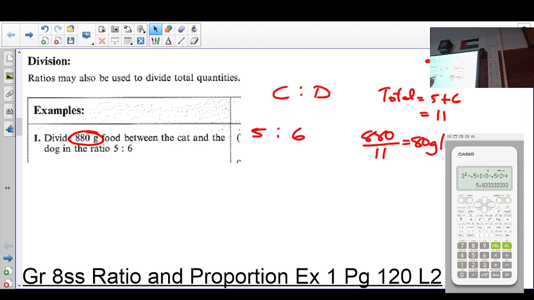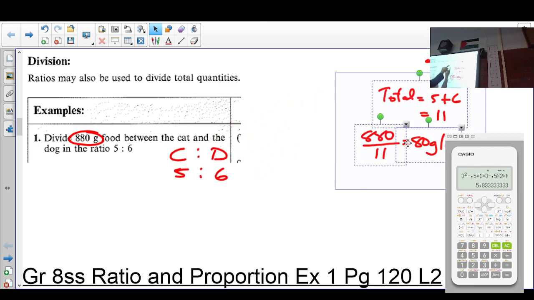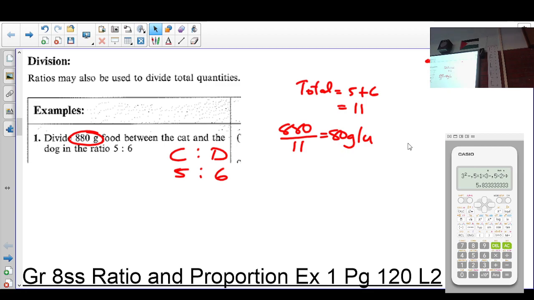Now the cat has how many units? 5. So we say 5 times 80. The dog has 6 of those units, so 6 times 80. You work that out.